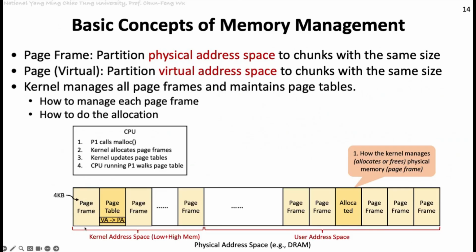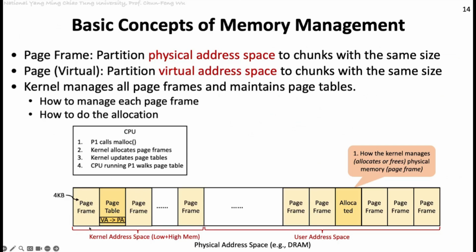The reason is it is easier to address and easier to find where it is. If it is not continuous, then we need extra management overhead, for example another data structure to keep track of where the related page frame is.